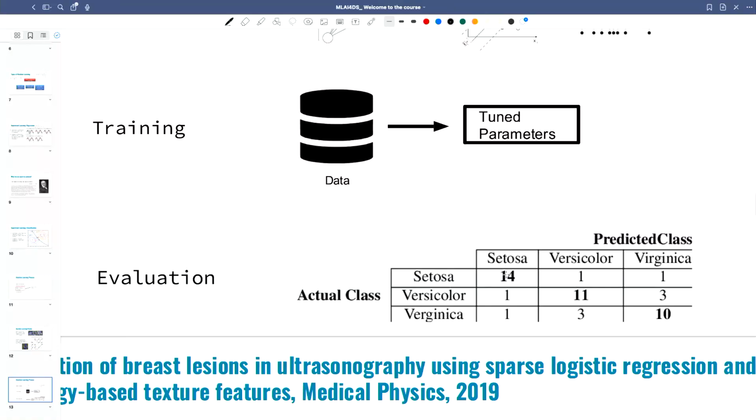So you don't want to have a setosa from here classified as versicolor or virginica. So in this case, 14 have been correctly classified, and two others have been incorrectly classified. But we have multiple classes, so you have multiple cross confusion, and that's why it's called a confusion matrix. So you want to have large diagonal, small anti-diagonal, okay?